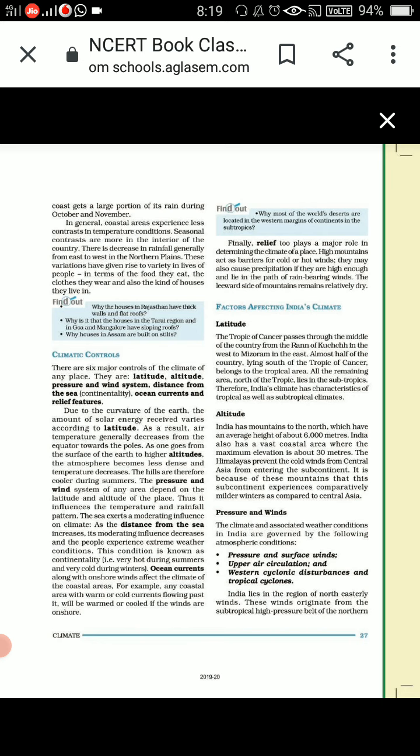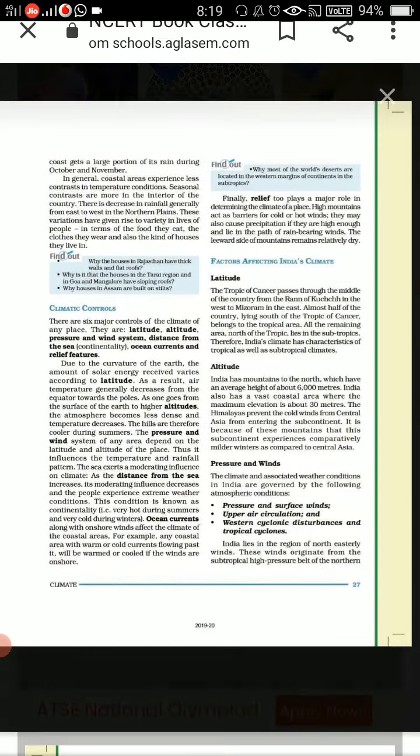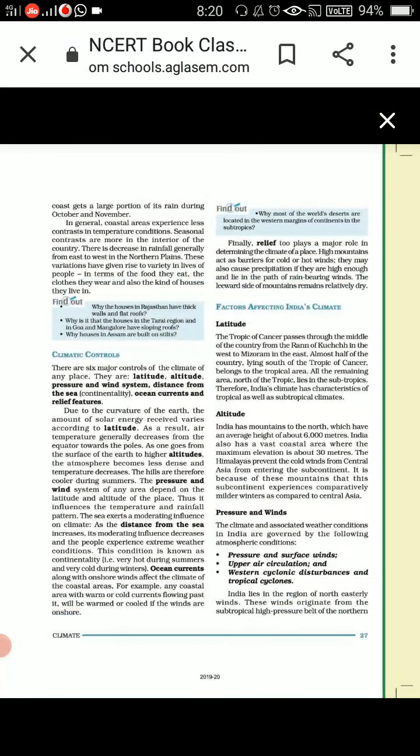All the remaining area in the north of the tropics is the subtropical area. Therefore, children, India's climate has characteristics of both tropical and subtropical climates. The tropic is towards the south and the subtropic is towards the north.